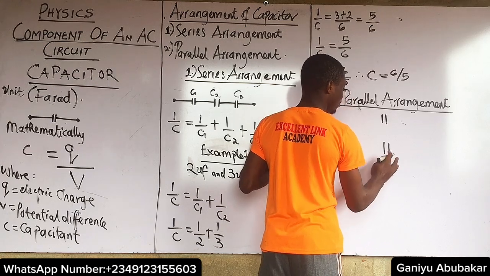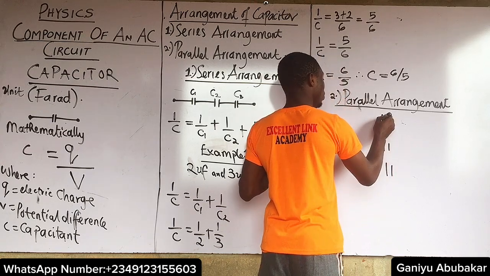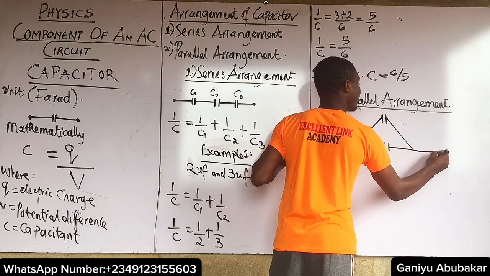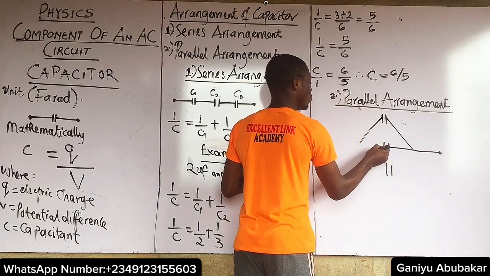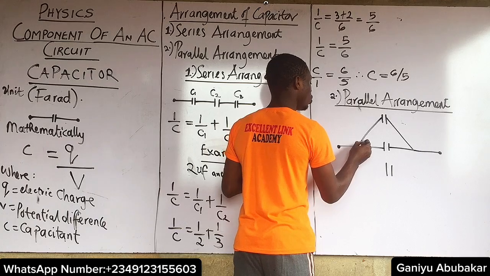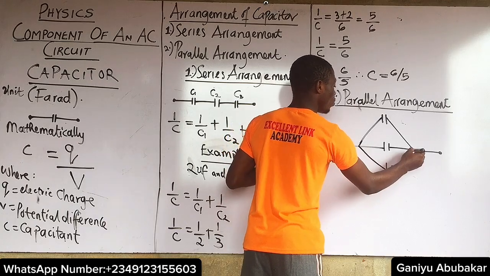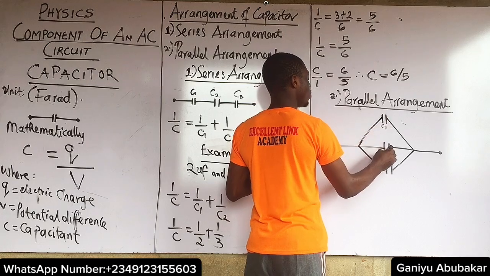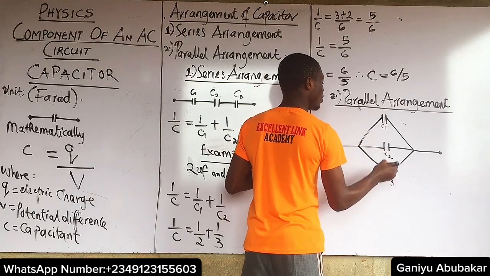Draw this diagram, please. Call them C1, C2, C3.